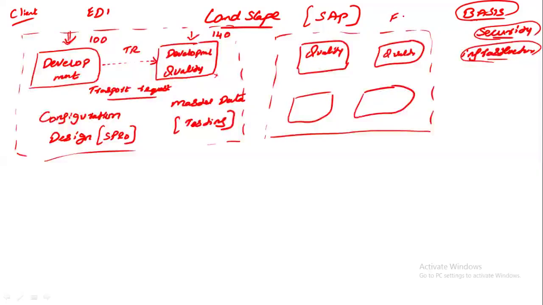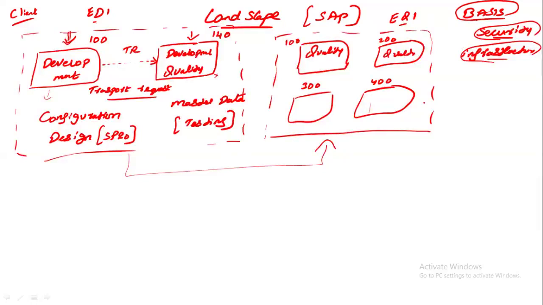I can call it EQ1, quality. But these are the different clients. You can have n number of clients in one system. So you will move the configuration from this system to this system. All the configuration you have done here will get moved here, and everything will appear here, and the testing is going to happen here.